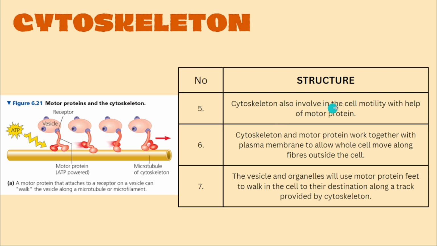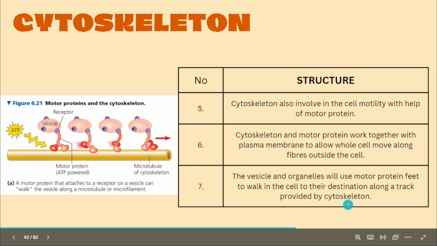Normally the cytoskeleton also is involved in cell motility with the help of the motor protein. These work together so that the whole cell can move along fibers outside the cell. The vesicles and organelles will use this motor protein to walk in the cell, along a thread provided by the cytoskeleton.